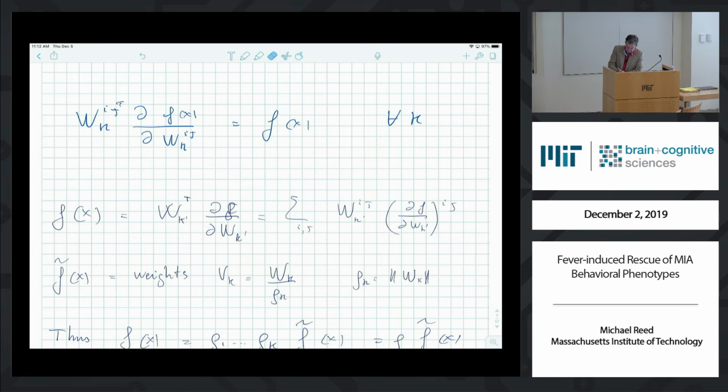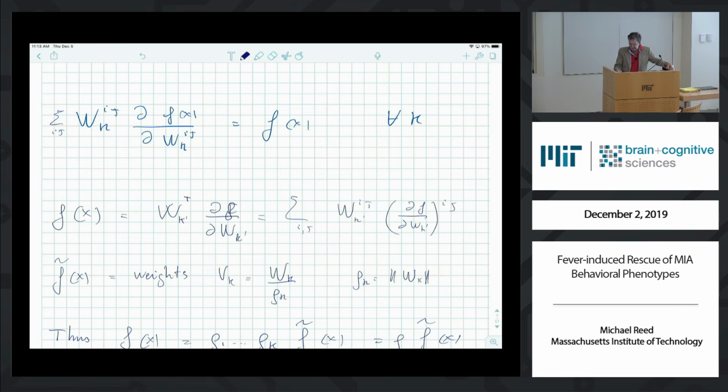It's the sum over ij of W^k_ij times the derivative of f with respect to the same W^k_ij, which is equal to f of x.